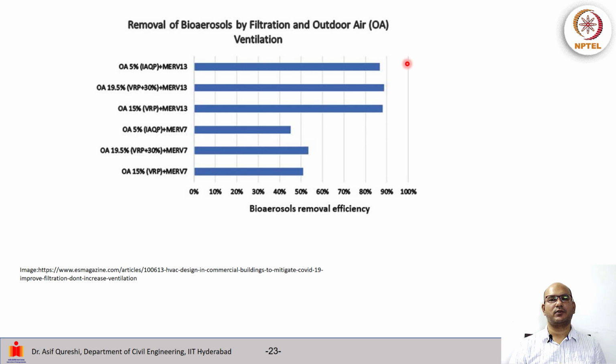With 15%, also 90%. So up to 90% of bioaerosols can be removed. When we have a filter with less removal efficiency, such as a MERV 7 rating, the control is only about 50%. So having filters and outdoor air combination can help reduce the bioaerosol concentration indoors.